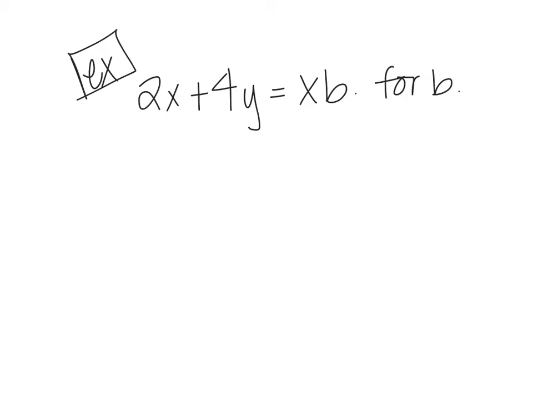Okay, so first thing that I believe our note said was put a box around everything that you want to keep. Well, I want to keep the B. Then it says move everything outside the box to the other side by using either addition or subtraction, whatever is the opposite of the problem.